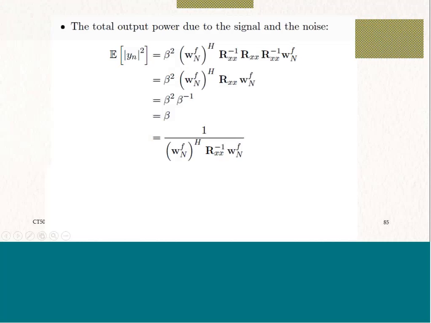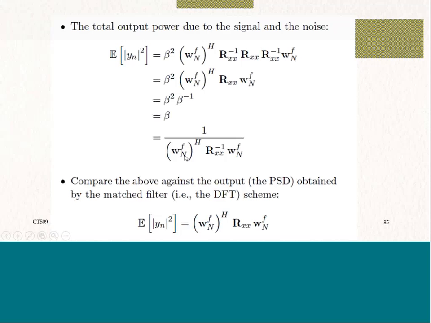Essentially, it turns out that the expected value of |yn|^2 is given by this expression here. So compare this with the expected value of |yn|^2 for our earlier scheme, the power spectral density scheme. There it was just this expression that we have seen on slide number 23.